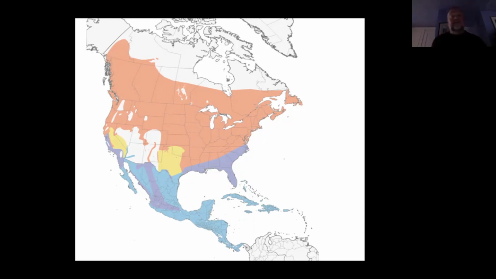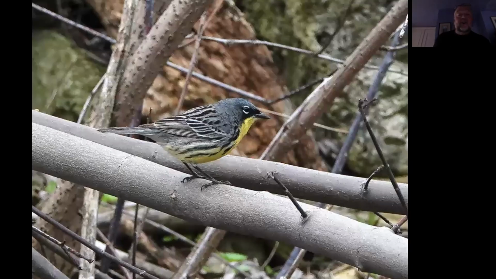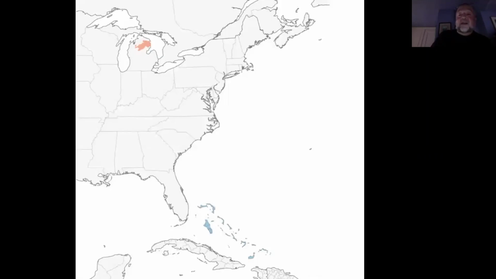On the other extreme is a specialist bird like the Kirtland's warbler. This bird's nesting habitat is restricted to a very small area in the Upper Great Lakes region where there are forests of jack pine between 5 and 15 years old. Now, this is a range map from probably 20 years ago, just an area of the upper part of the lower peninsula of Michigan.